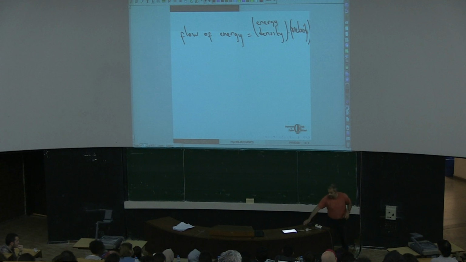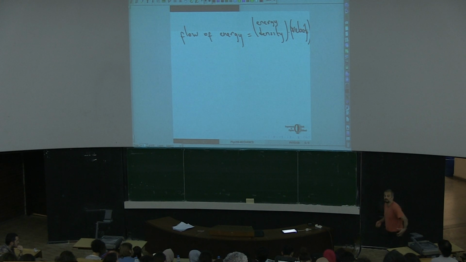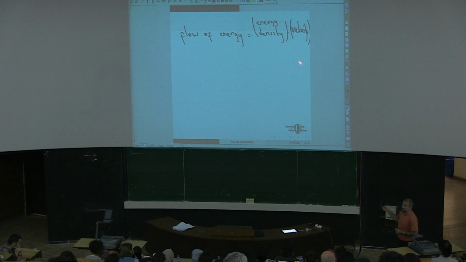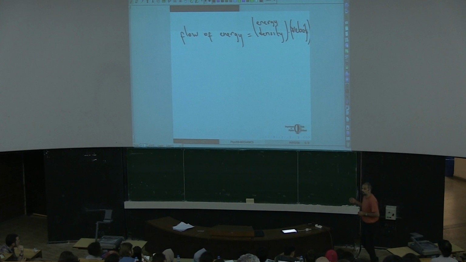Well, in fact, for any kind of flow, if you want to calculate the mass flow in a flowing river, for example, what you do is you define the flow of liquid as the density of the fluid times its velocity. This will tell you how much energy will pass in a unit area per unit time.